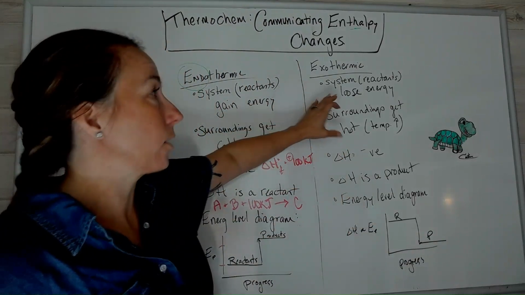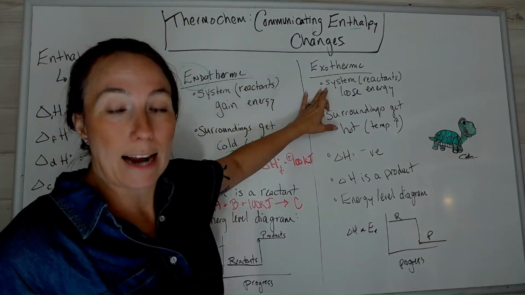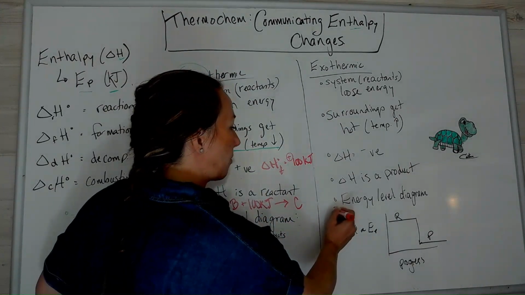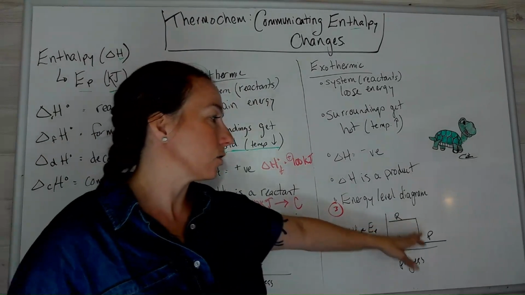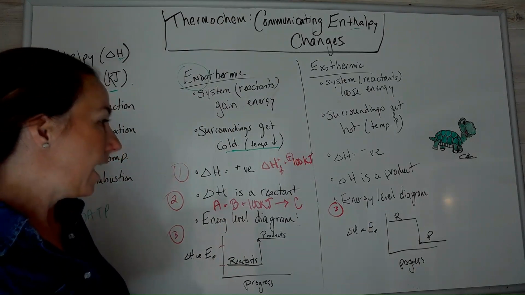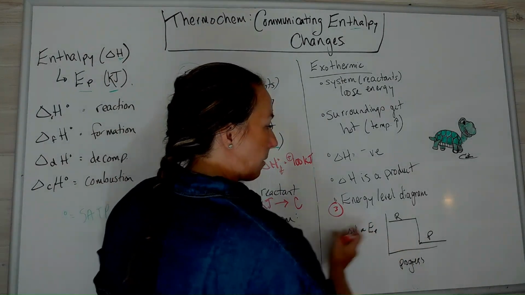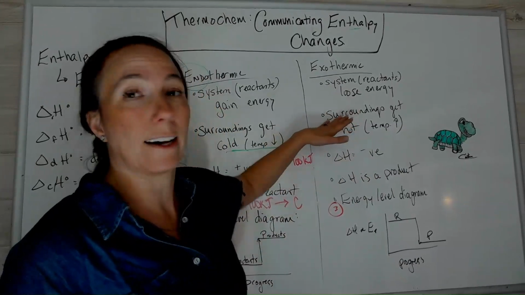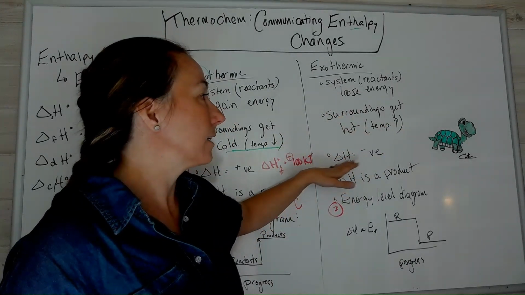So the junior high part is that the system or the reactants lose energy. And here you can see on this energy level diagram, that third way of saying it, the reactants do indeed lose energy in order to become their products. And so this energy then ends up being a drop down. The surroundings get hot, the temperature goes up, my delta H is negative.